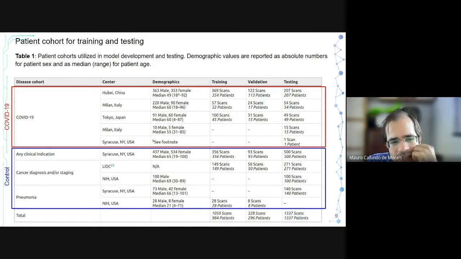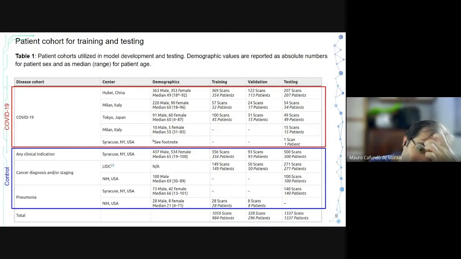They performed a cross-validation, testing several mixtures of the patients, not only at the patient level but also at the scanning, the image level, okay?